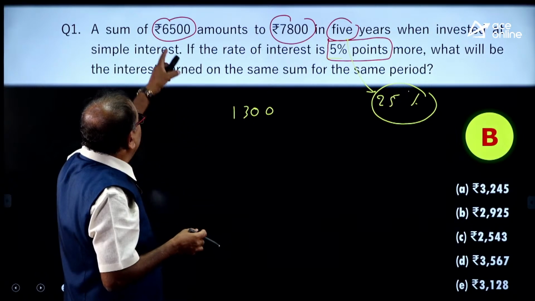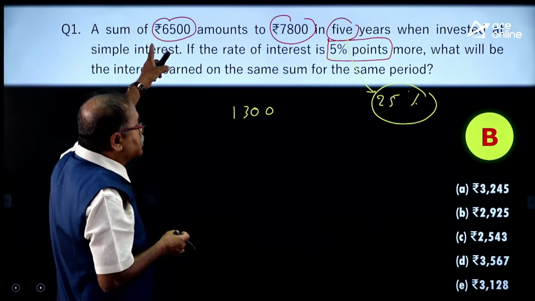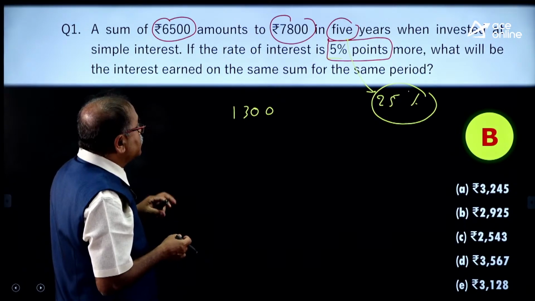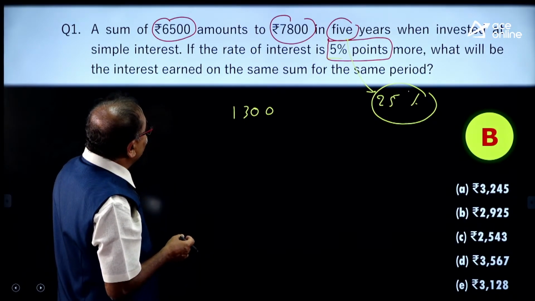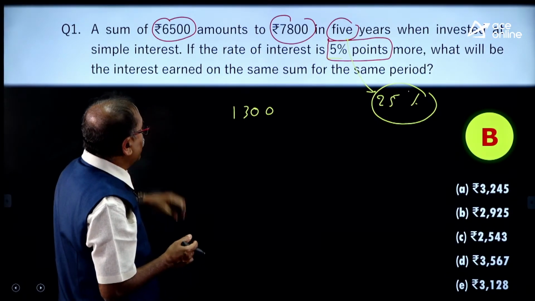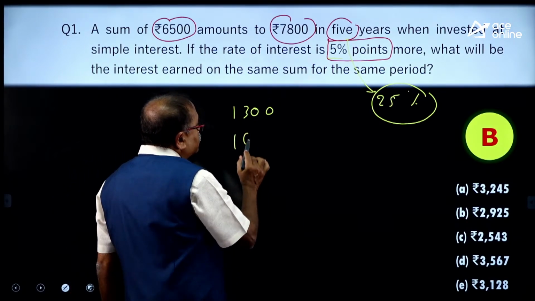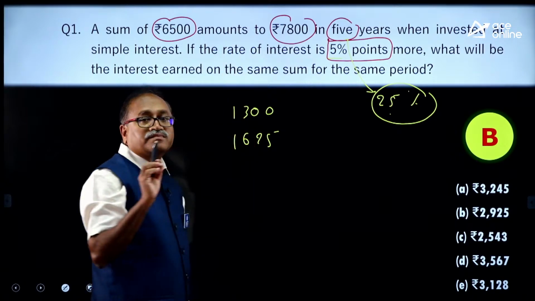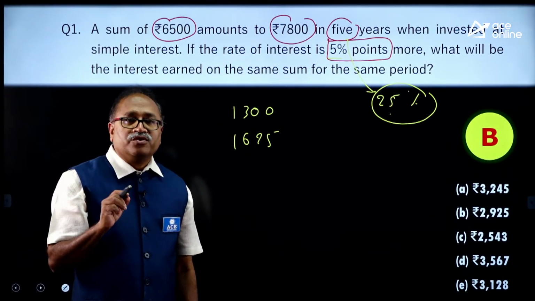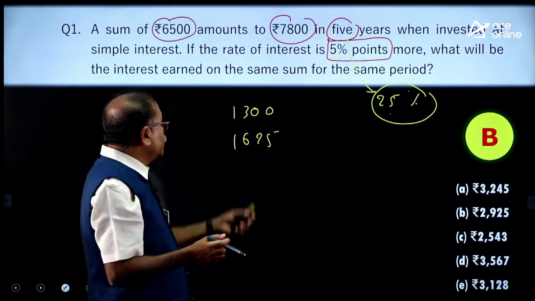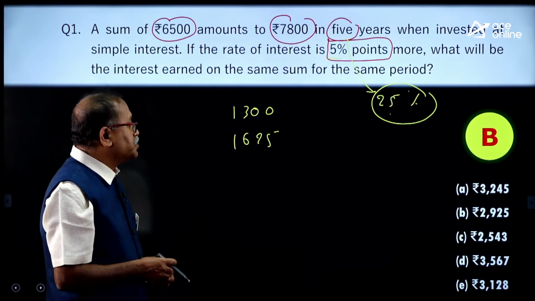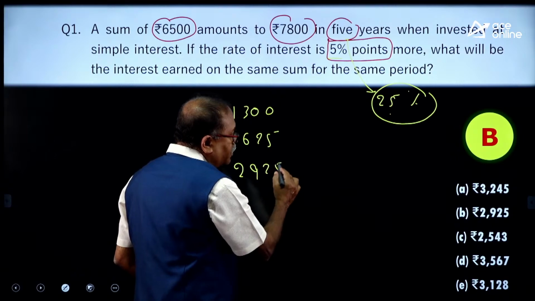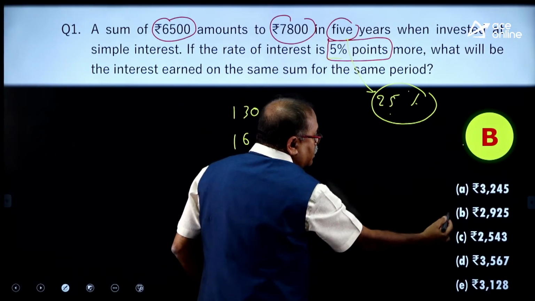What is 1/4 of 6,500? I can notice that it is 1625. So, I am getting an extra interest of 1625, that is 25% of the principal. You are asked to find the total interest. The total interest is the sum of this, that is 2,925. Yes, option B is correct.